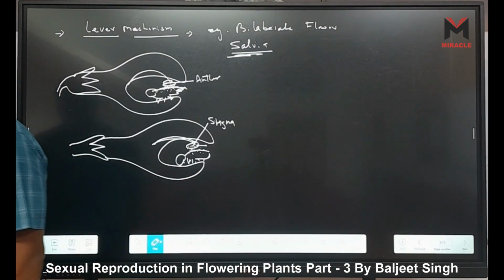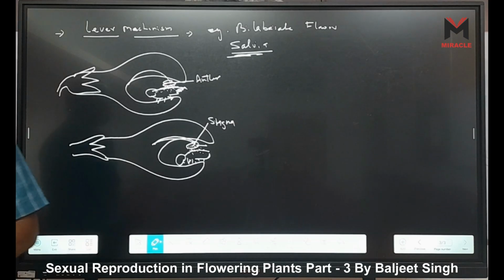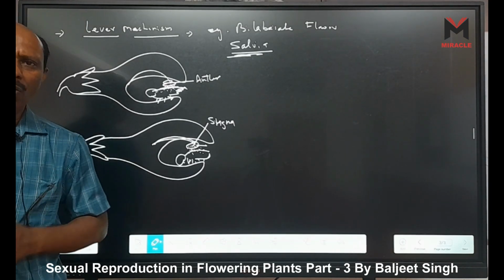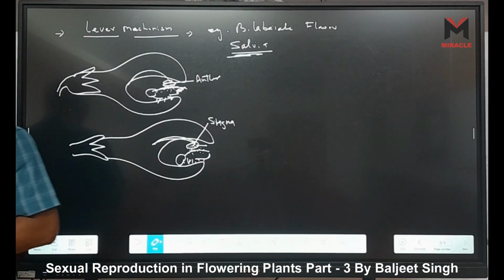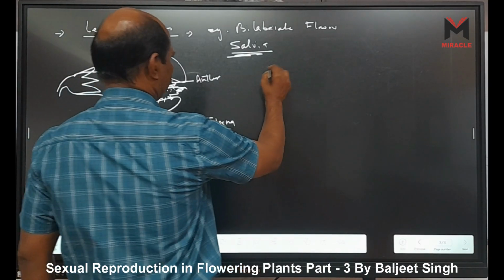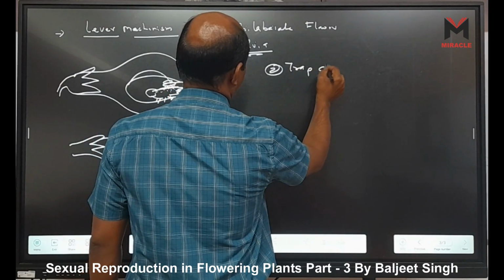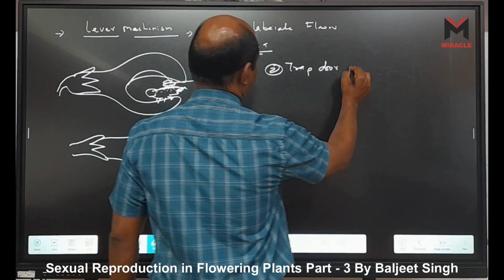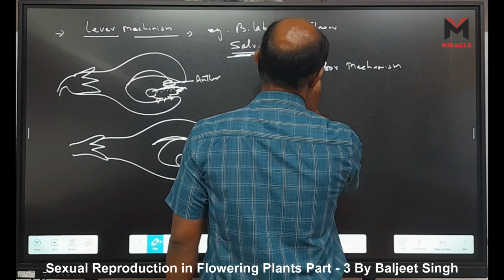Second, Yucca and Amorphophallus are also given here because they provide a site for egg laying. Another example which is given here is the trap door mechanism. Second one is our trap door mechanism.